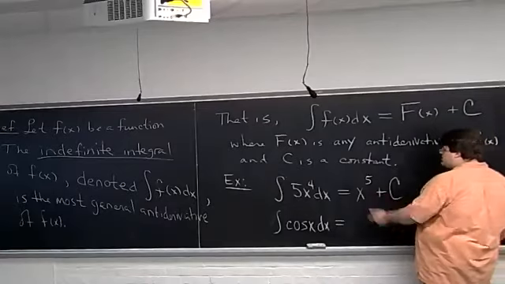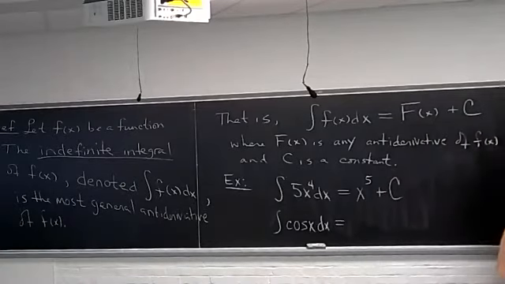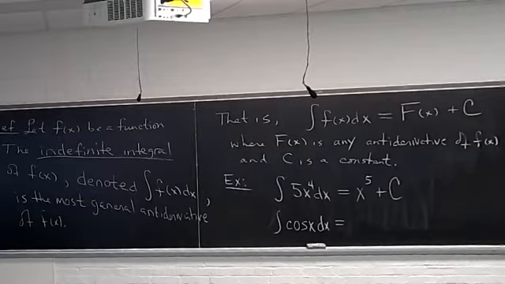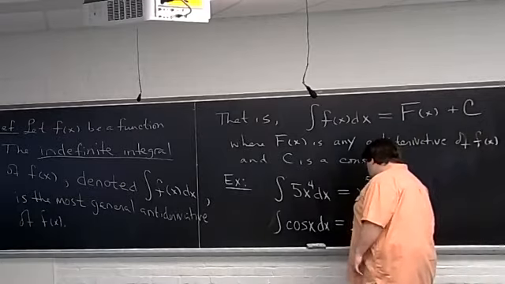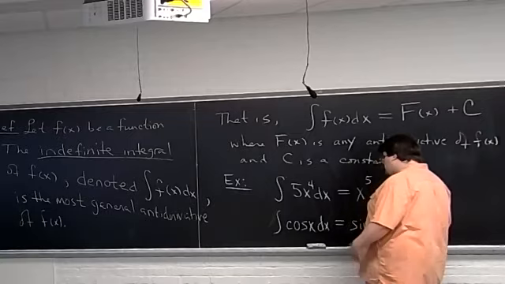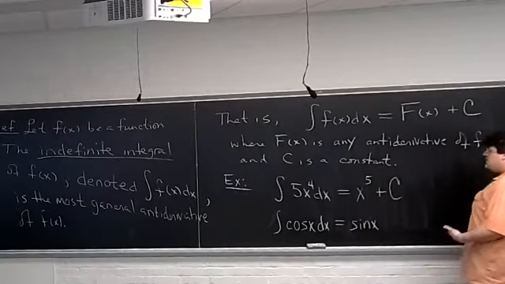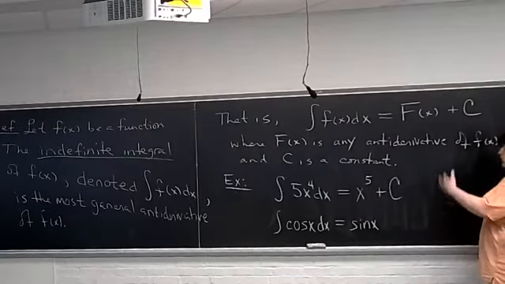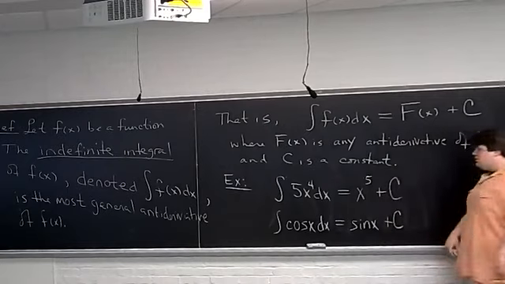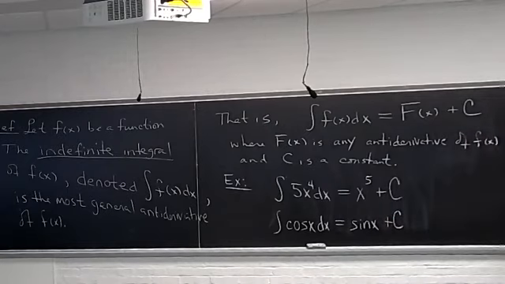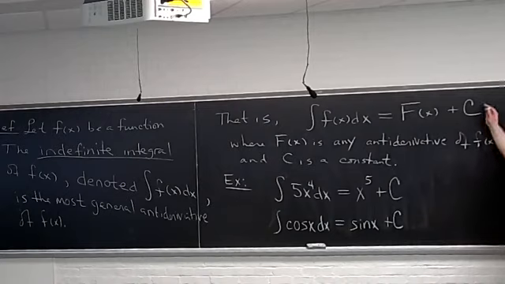Derivative here, 5x to the fourth, so 5x to the fourth. How about for cosine? Well, we had in our list of antiderivative rules, the derivative of sine is cosine. Derivative of sine of x is cosine of x. But again, we want all antiderivatives here. So what we can do is give all antiderivatives by throwing a constant on there. Any questions about that?